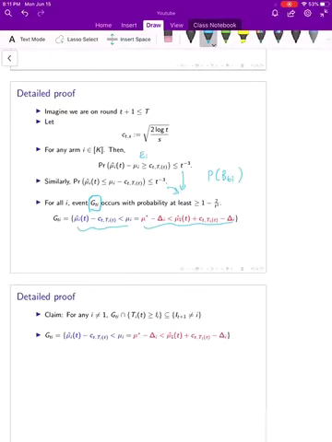Let's call this event E1 and this event E2.